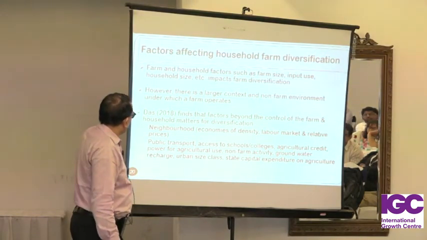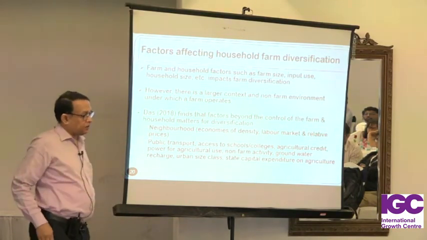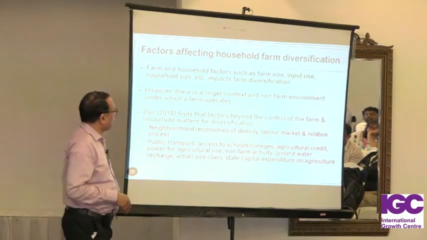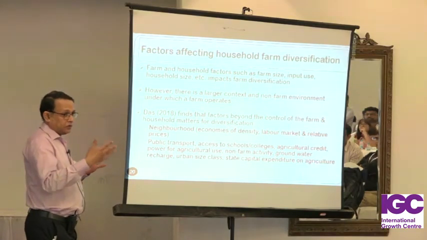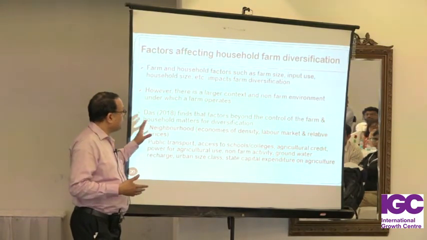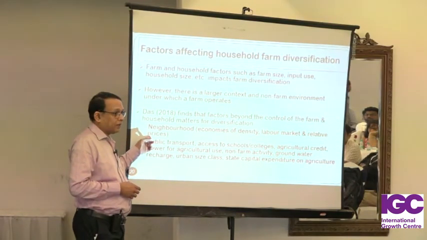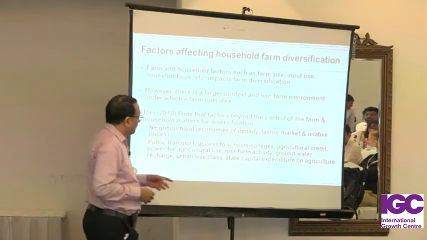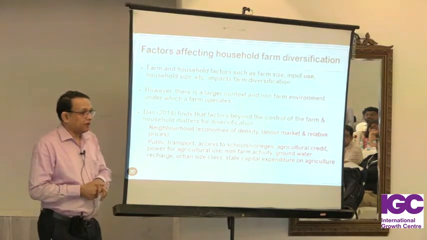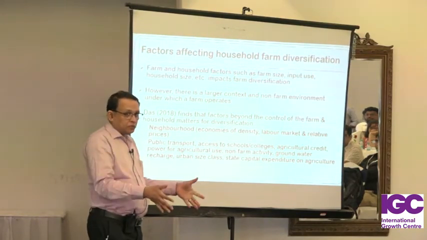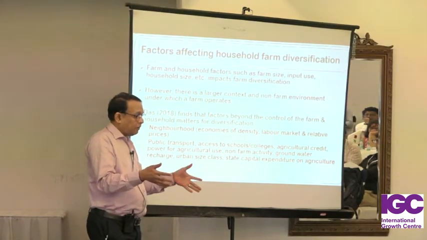And in a recent paper, Das finds that there are factors beyond the control of the farm and the household, and they matter for diversification. These include the neighborhood. There are issues like economies of density, labor markets, relative prices, that could be specific to the neighborhood in which the farmer is operating.